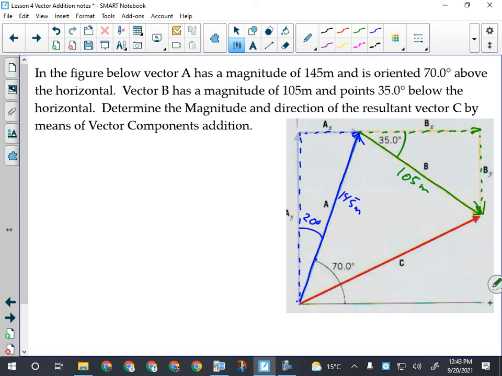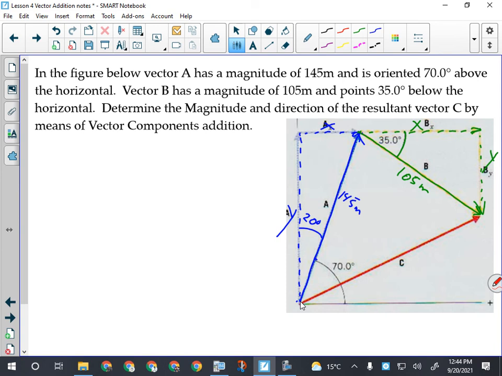And then I complete the triangle. So this is going to be my y component, this is going to be my x component, this will be my y component, this will be my x component, and this red line will represent my resultant. In this case, the total displacement. These are both displacement vectors. Right?